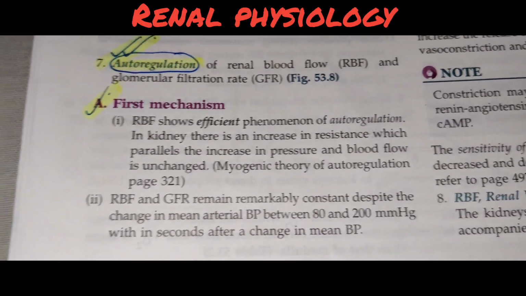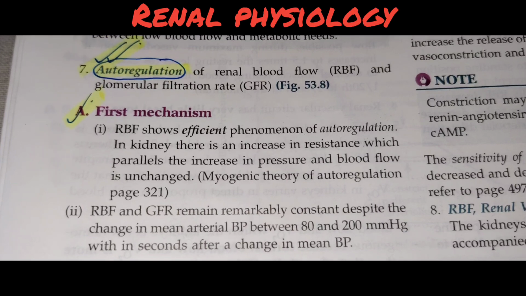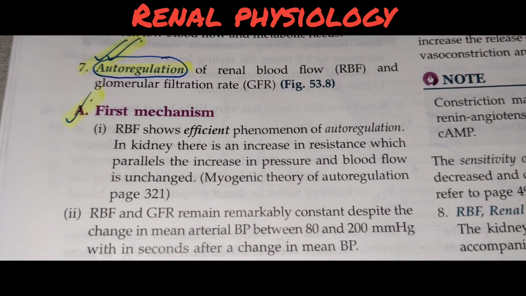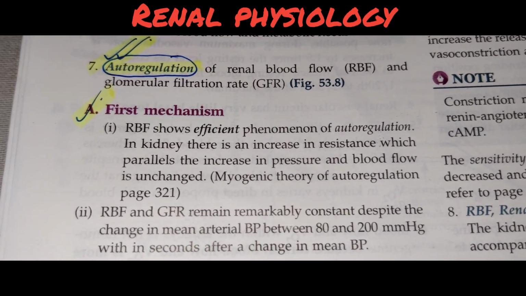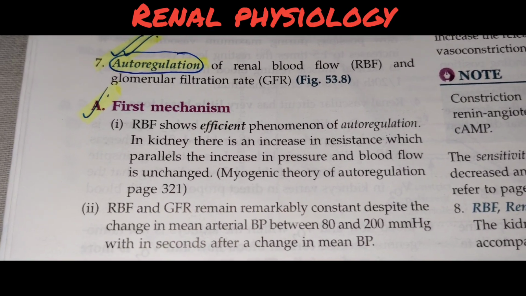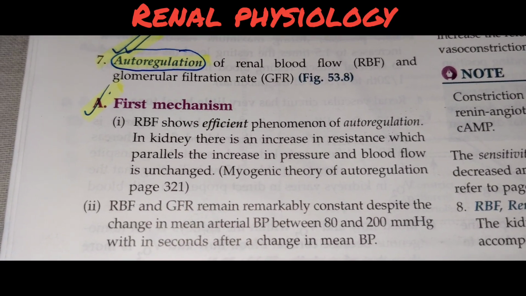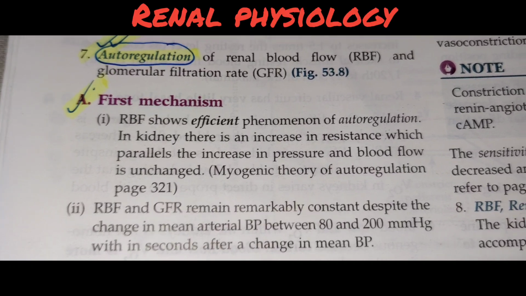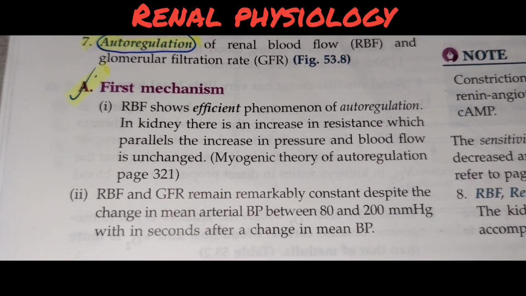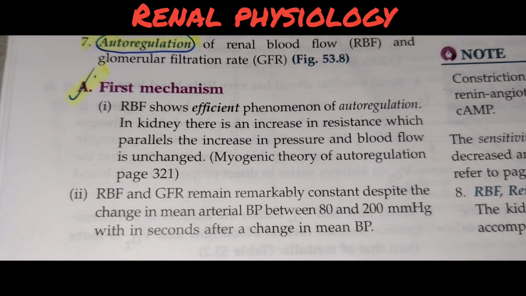Okay, so another peculiar feature of the renal circulation is auto-regulation of RBF and GFR. So what does this mean? There are two mechanisms. The first mechanism is based on the myogenic theory of auto-regulation. What does this mean?